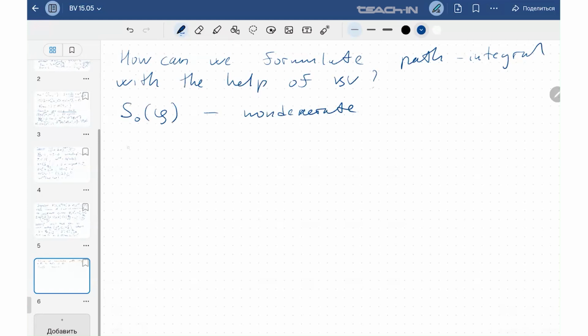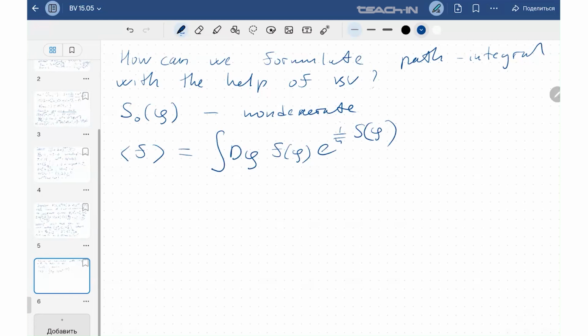We can say that, for instance, the average of an observable f is just an integral d phi f of phi, and the integration goes, and we just forget about anti-fields, right?